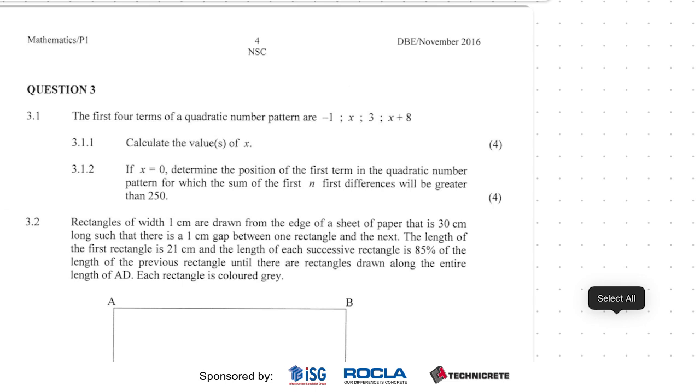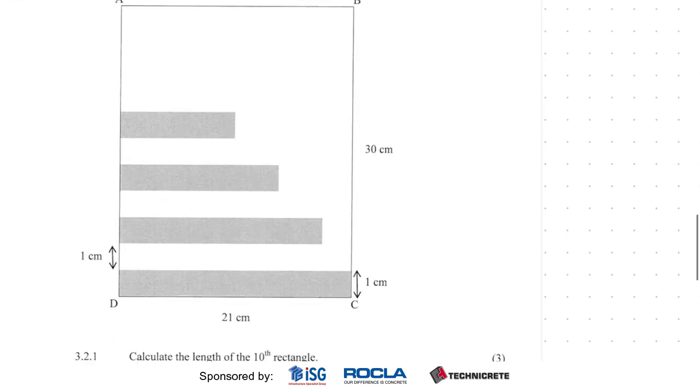The first 4 terms in a quadratic pattern are given. Okay, so we don't have an arithmetic sequence anymore. We now have a quadratic. So we know we're going to be using maybe the geometric sequence equation at some point in this question.